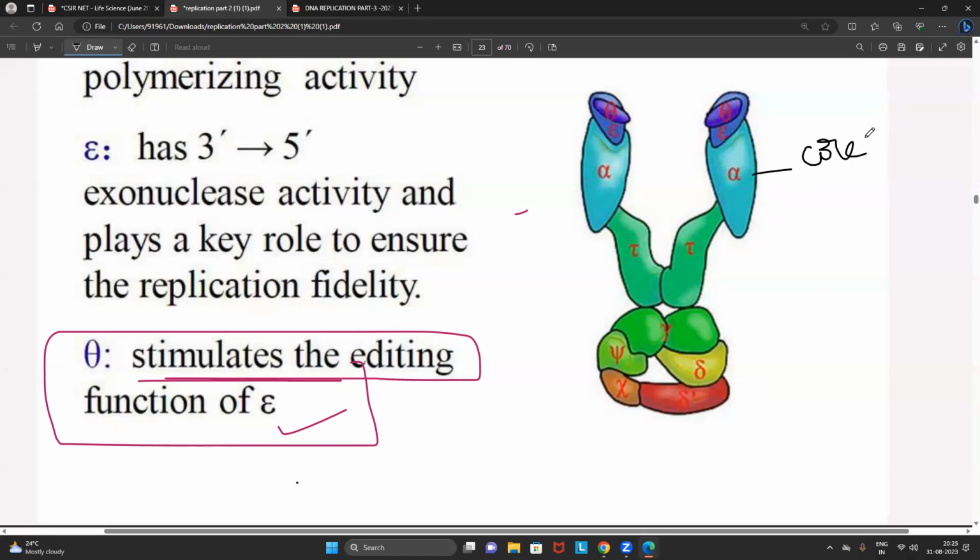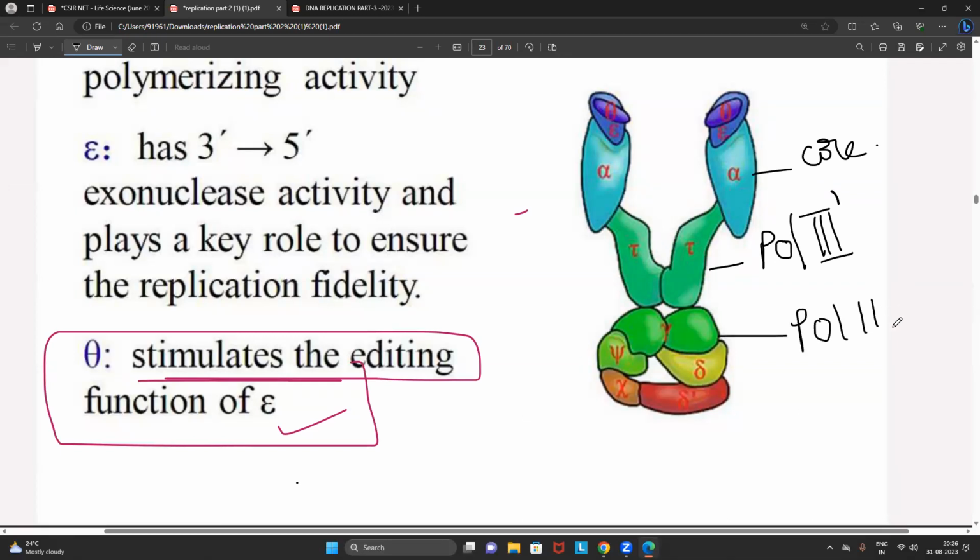Core enzyme. Correct? So friends, whenever the core enzyme is connected to the tau dimer, you know what we call it? We call it polymerase 3 prime. Whenever the tau dimer is connected to the gamma complex, what do we call it?